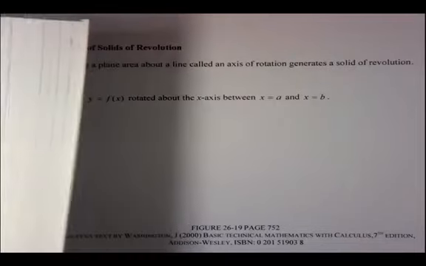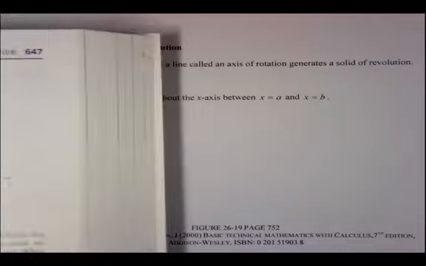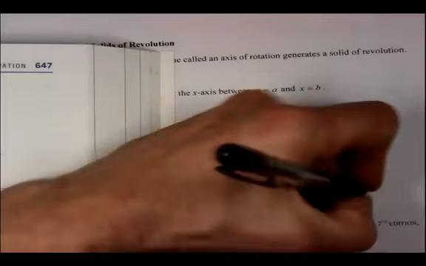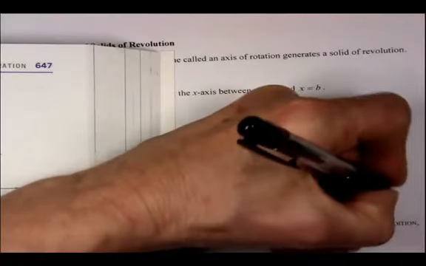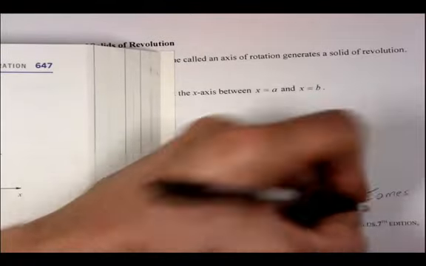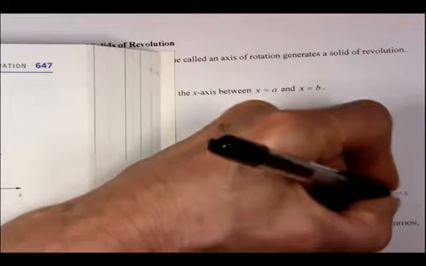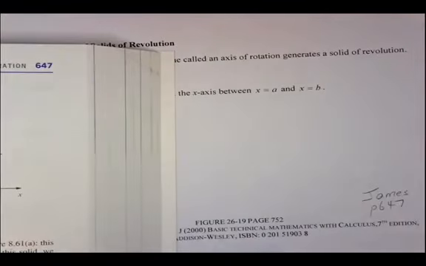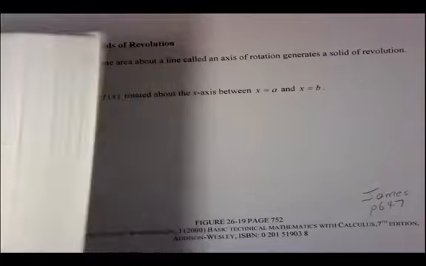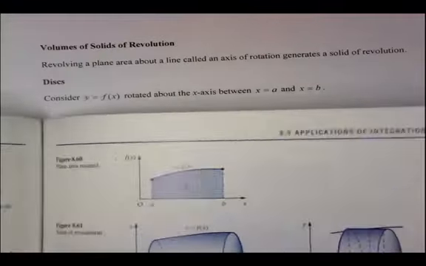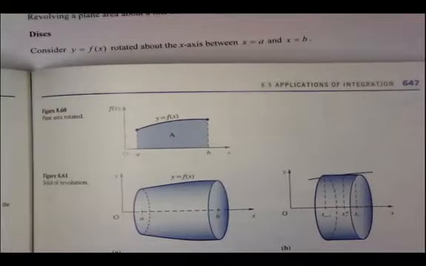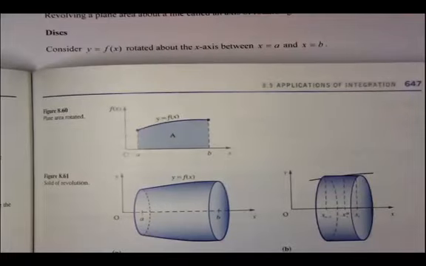So we'll use the textbook, and the picture comes from our text, James, page 647. Now, let's put the picture here and have a look. There it is. And it's even mostly in focus. That's lovely.